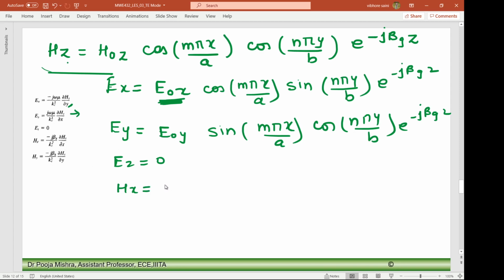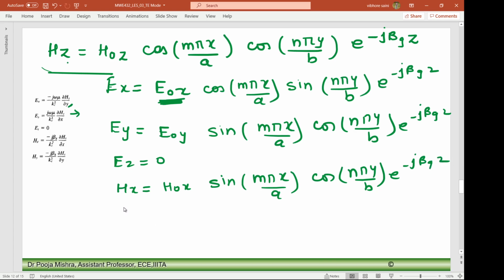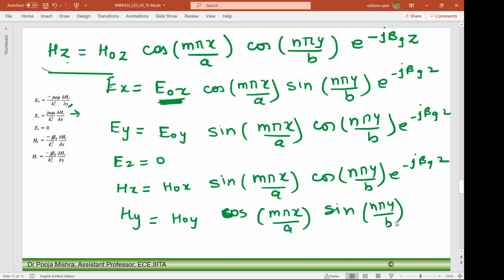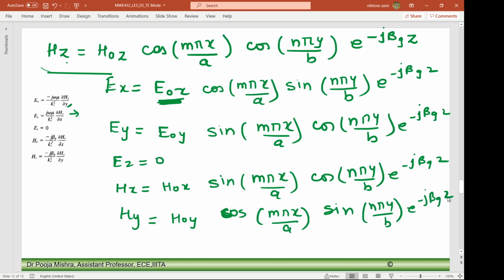So this will be sin(m pi x by a) cos(n pi y by b) exponential minus j beta g z. Hy is the differentiation of Hz with respect to y, it is cos(m pi x by a) sin(n pi y by b) exponential minus j beta g z.